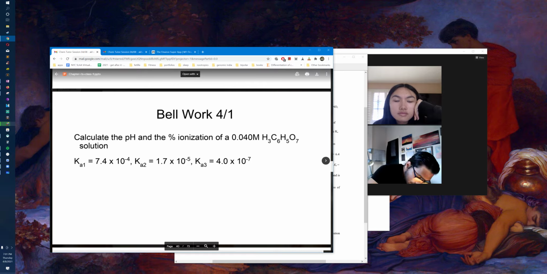So the H plus concentration, if the pH is 2.68, is 10 to the negative 2.68, which should be 0.0021.